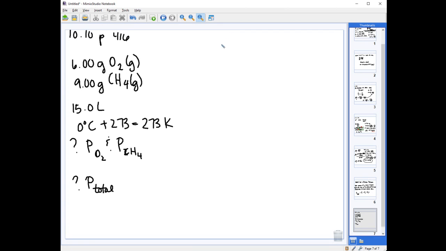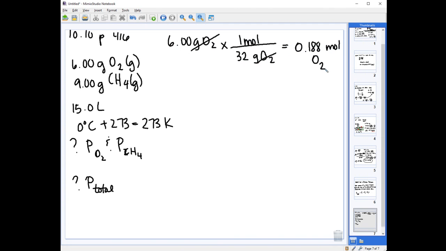So I'm going to start with oxygen. I've got 6.00 grams of O2. My molar mass of oxygen is 16, and I've got 2 of those because it's O2. So 6 divided by 32 gives me 0.188 moles of O2, my grams cancel.